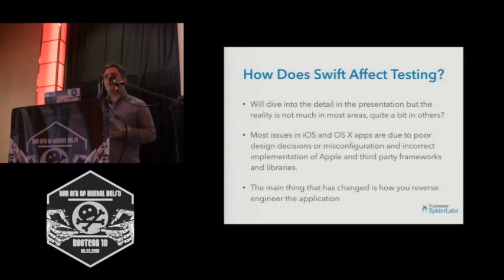So a lot of the issues that you would find anyway are kind of language agnostic. But obviously there are some changes, and one of the main things that has changed is how you reverse engineer the application. One of the first things you will always do on an app test is reverse engineer it, to get an understanding of how it's working and look for vulnerabilities.